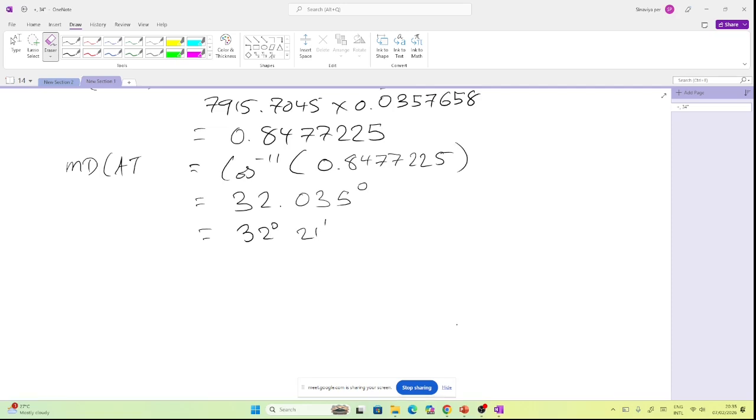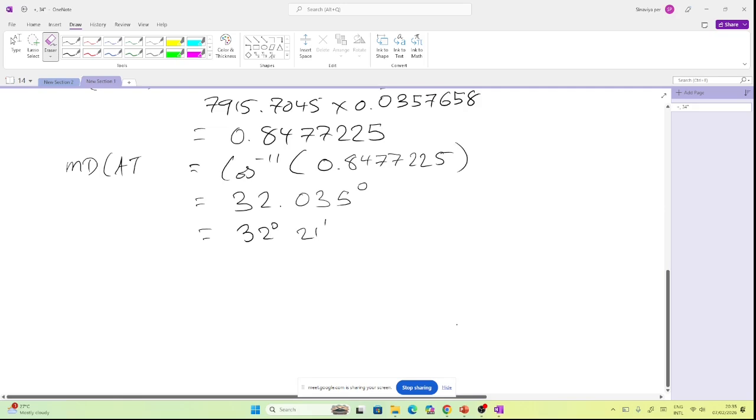Yeah. So now you can see the middle latitude versus the mean latitude. Previously, the mean latitude we got was basically 32 degrees, but the middle latitude is 32 degrees 21 minutes, and the mean latitude is 32. So can you see the difference?